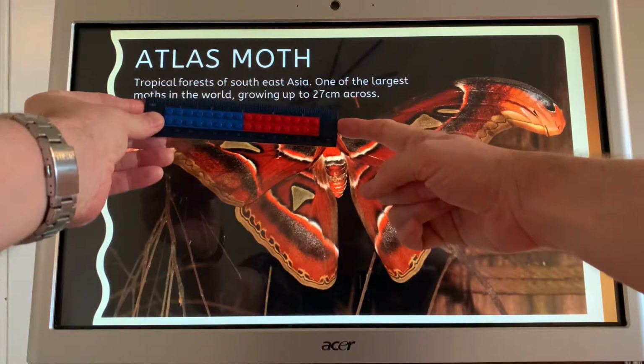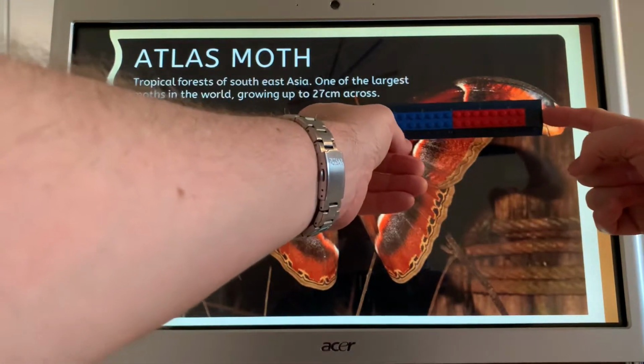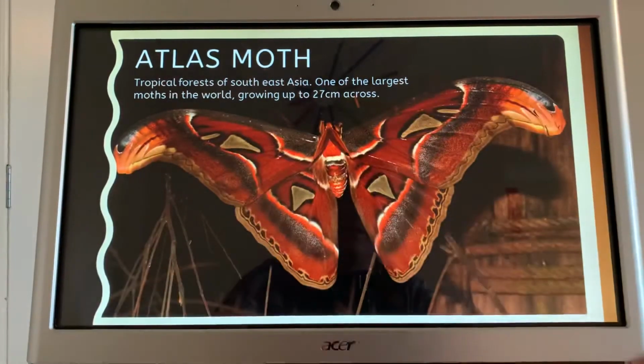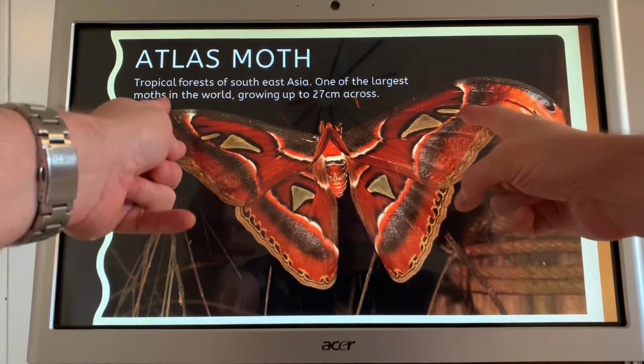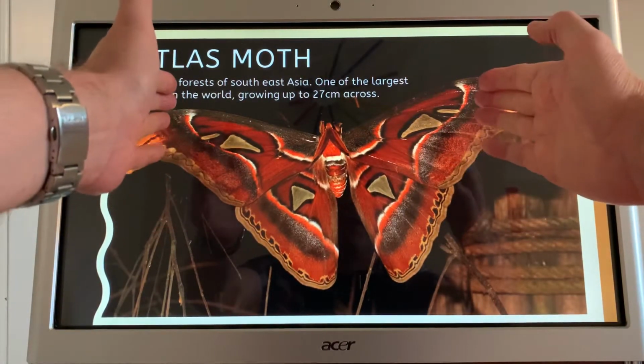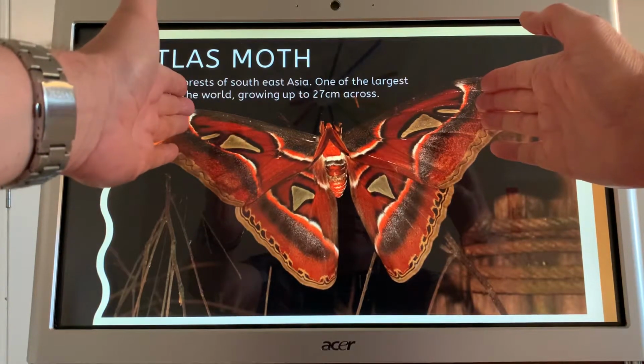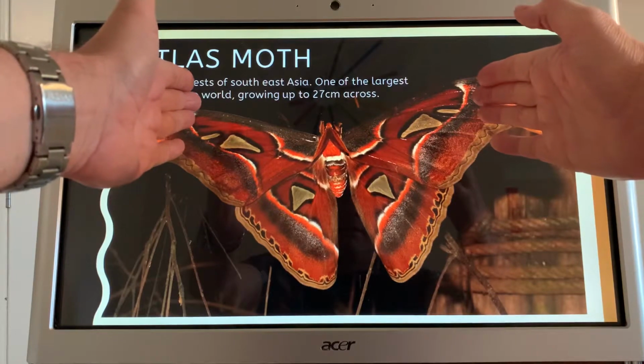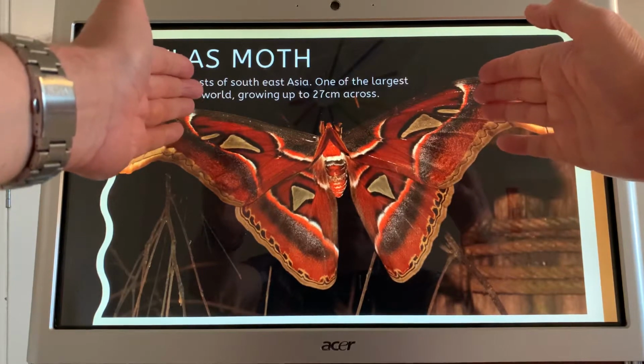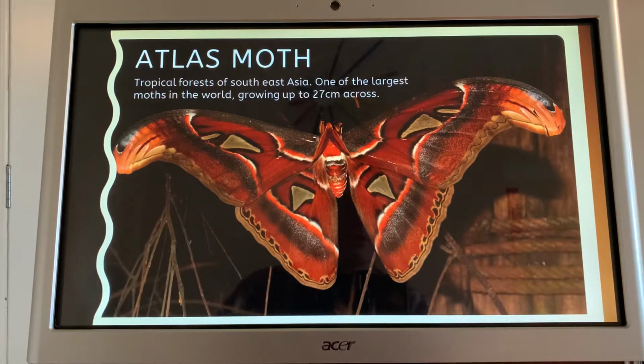That's 15 centimeters there and 15 centimeters there. So actually this picture isn't far from the truth. So the actual real life versions may be about that across when they're fully grown. 27 centimeters across.